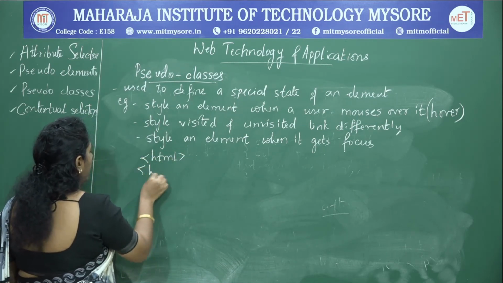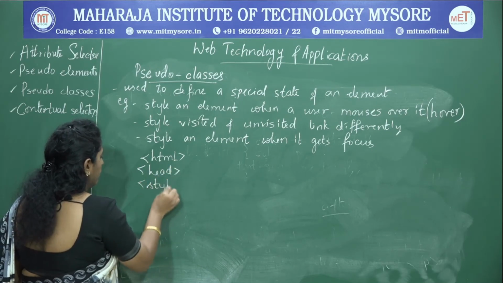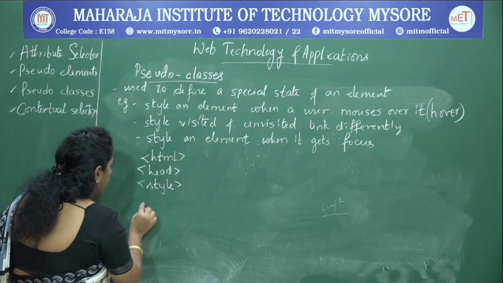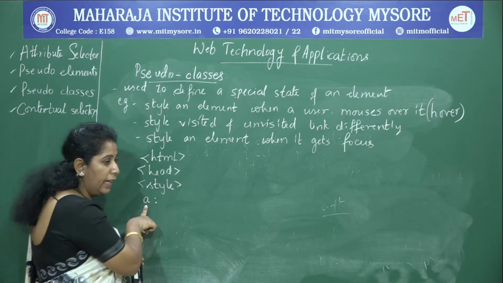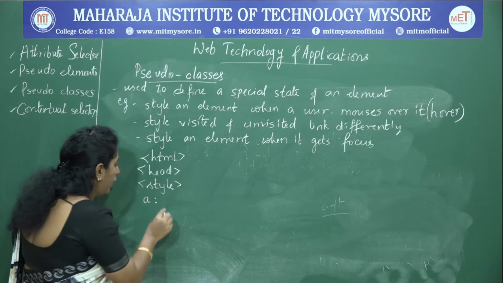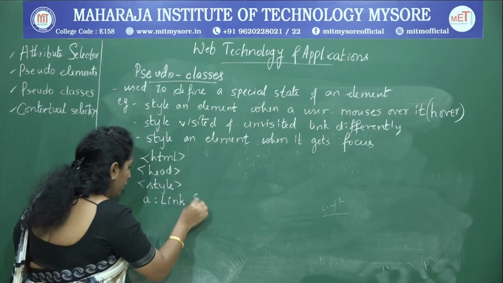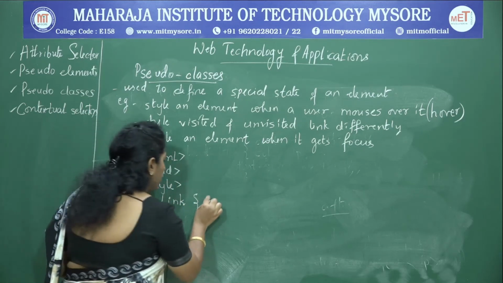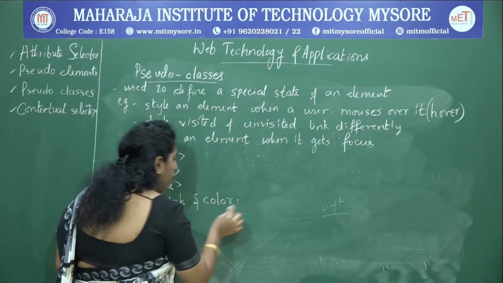HTML, head, style. So I am going to use a style for which tag? Anchor tag, right? A tag, link. I am going to set a property. By default, the unvisited link will be in which color?